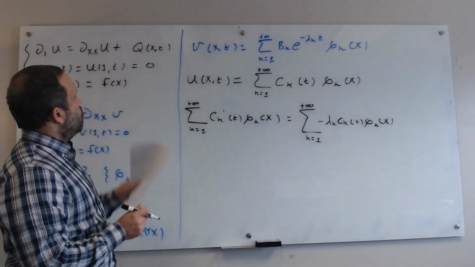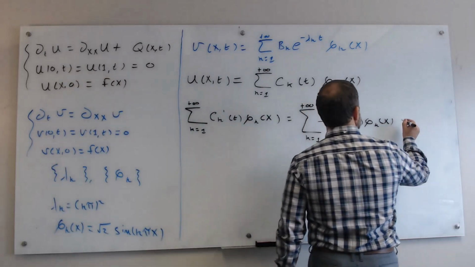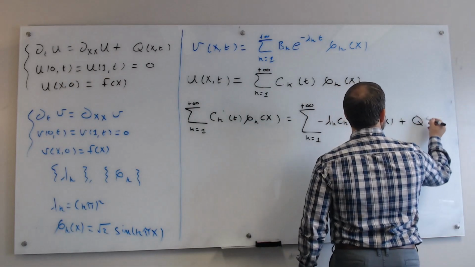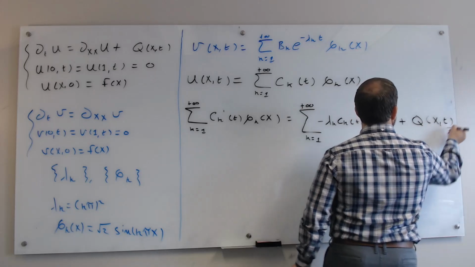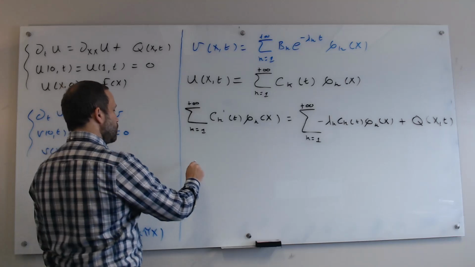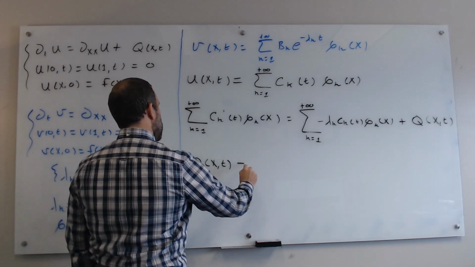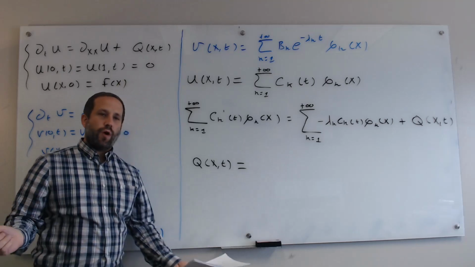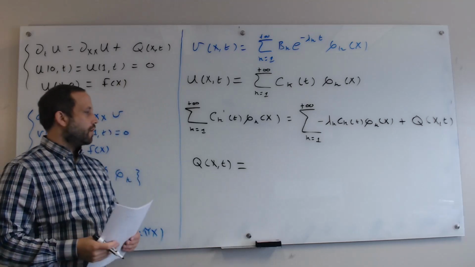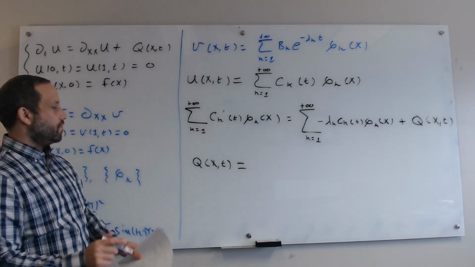Okay, now what about q of x,t? I need to add the q of x,t term. So let me just put this as a placeholder now so there's no confusion. But what I want to do is the following. Q of x,t, well, if we assume that q of x,t is regular enough, that is, it's differentiable enough, we can also write it as an expansion in the eigenfunctions phi_k.